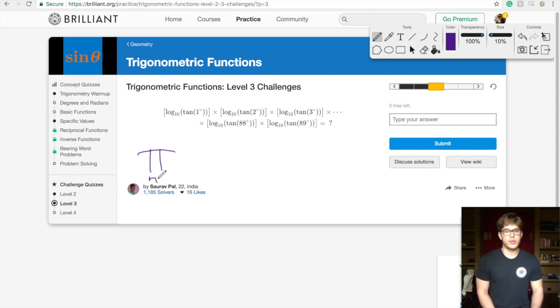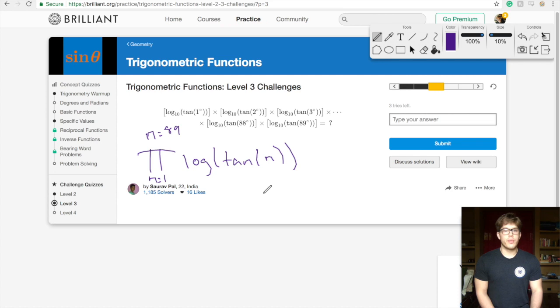And we'll say n equals 1 to n equals 89, and this is of log tan of n. So this is what the problem is saying.